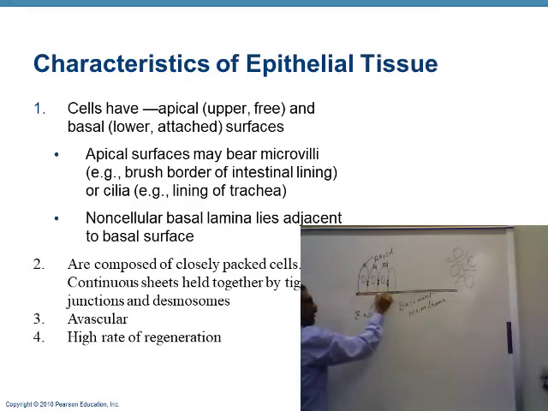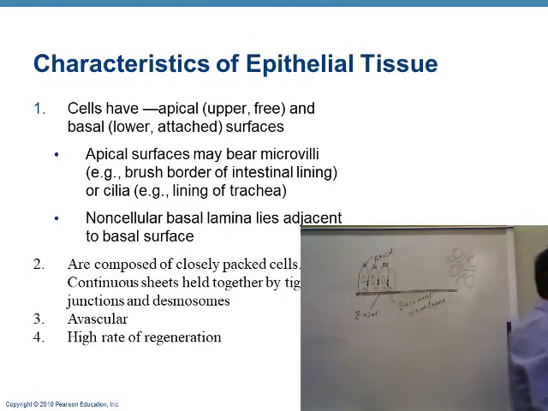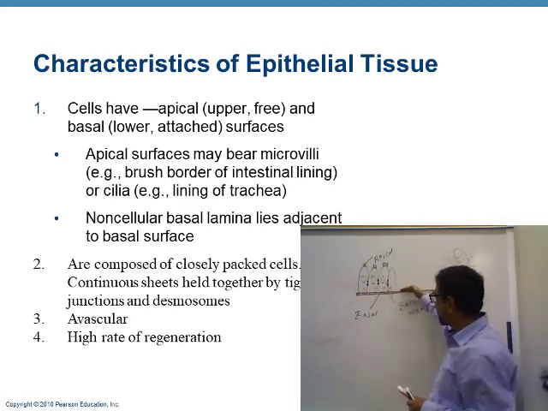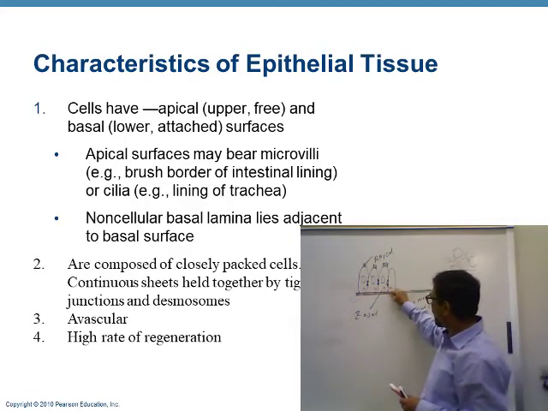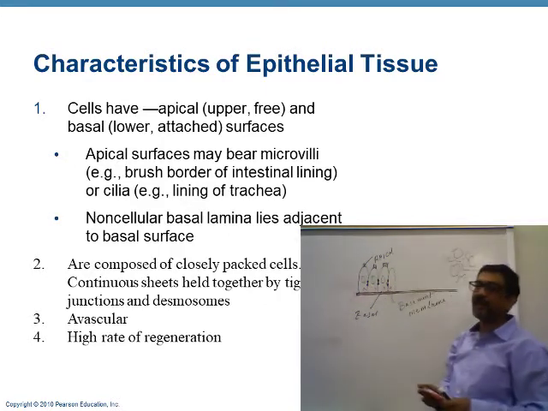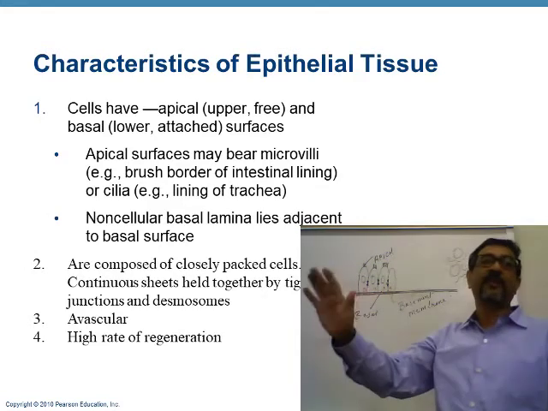From here, by diffusion, nutrition and oxygen go to the epithelial tissue from the underlying connective tissue or basement membrane. So by diffusion, oxygen and nutrition enter into the epithelial tissue and keep the cells alive.